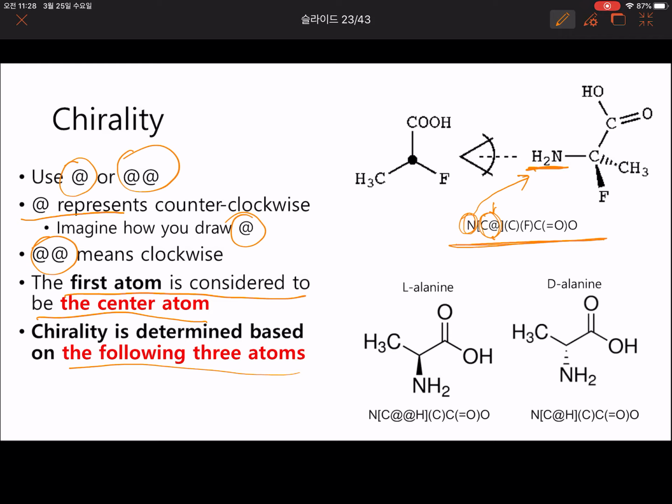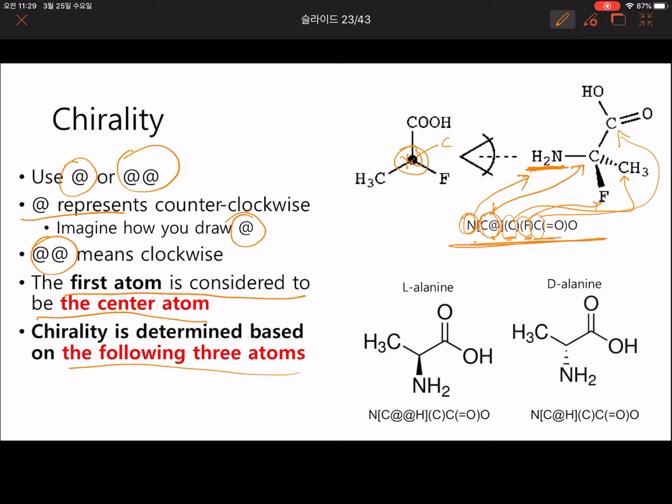If you rotate this molecule, then N is actually seen from, so if you look at this slide, N should be here, and carbon should be behind it, right? So the N is here, and this chiral carbon is here, and CF. Based on this order, NCF, CF and C, this C corresponds to here, this F corresponds to here.